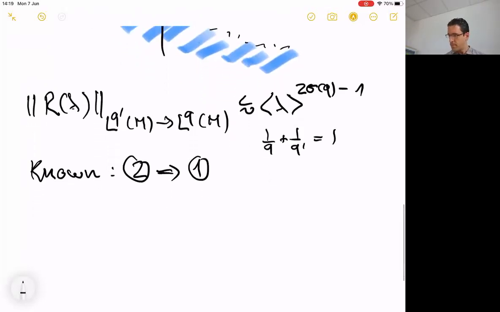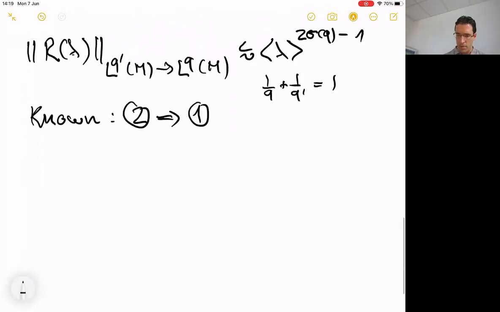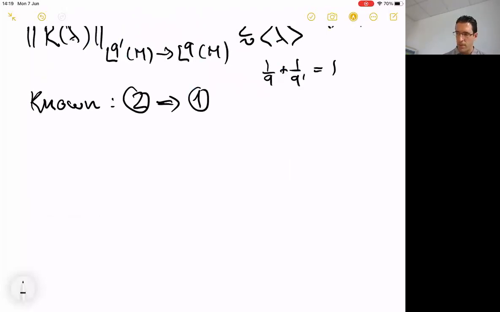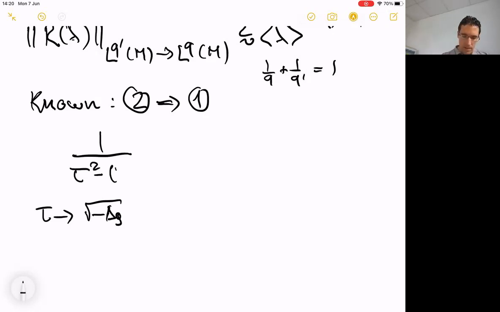And let me give an argument for that. The argument is very simple. Namely, if we look at the resolvent, so 1 over, now I just replace, so at the end I'm going to replace tau by minus square root of minus Laplace, and I'm just going to use the spectral theorem for that. So tau squared minus lambda plus i squared, if I take this and I take just the imaginary part of that, right?